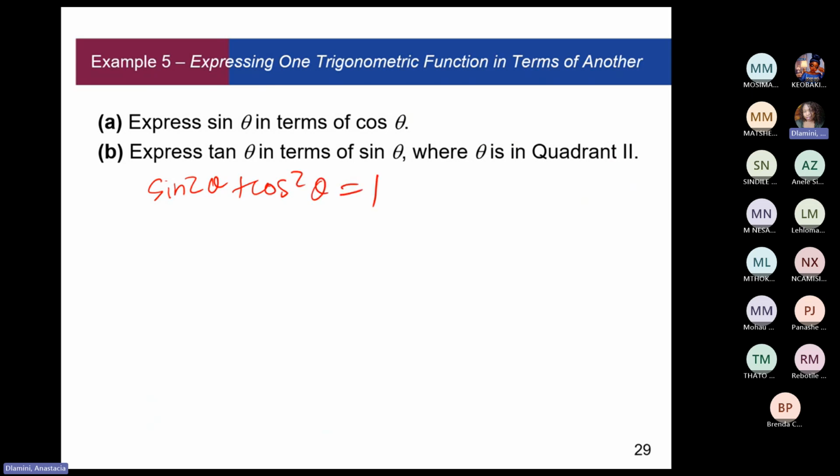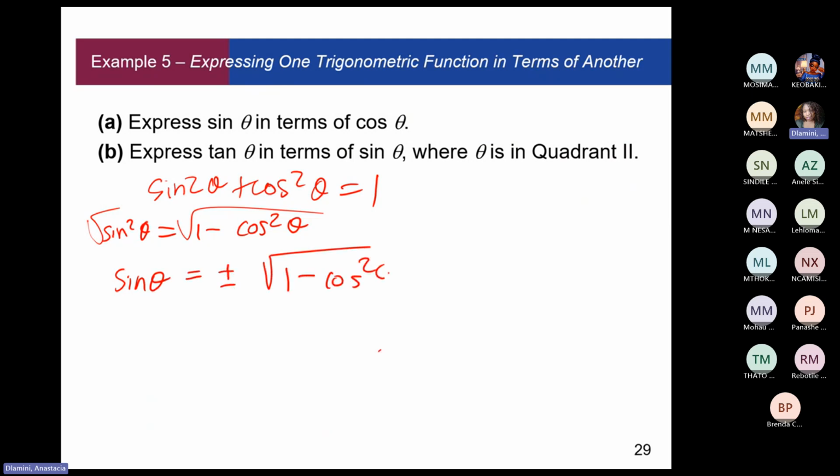They wanted it in terms of cos, meaning everything that has only sine will be to the left and everything else to the right. So sine squared theta is 1 minus cos squared theta, and they want sine theta and not sine squared theta, so you take the square root both sides. Sine theta is equal to plus or minus the square root of 1 minus cos squared theta. Because they didn't mention any quadrant, you leave it as plus or minus. Are we all together there?